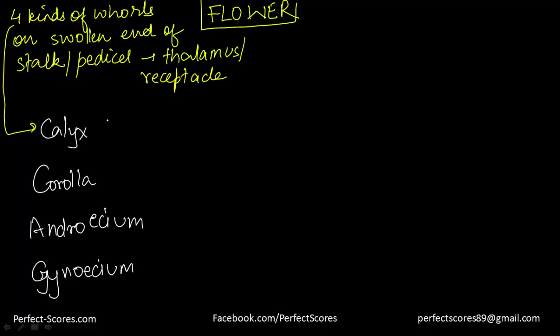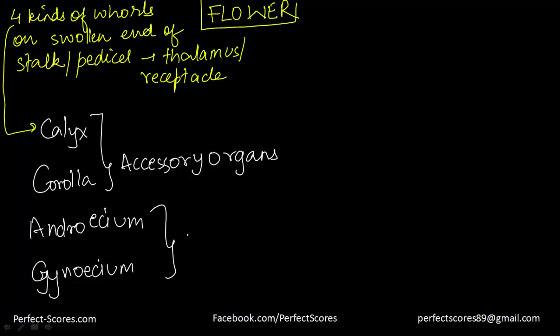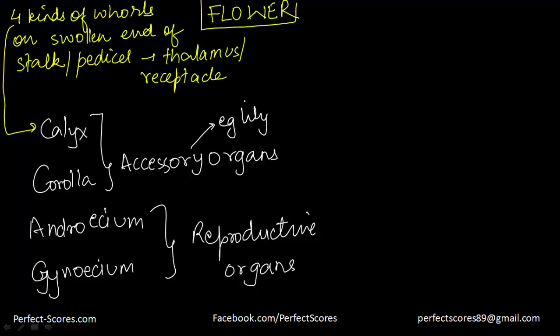Now the calyx and the corolla, these are accessory organs, while androecium and gynoecium are the reproductive organs. Now in flowers like the lily, the calyx and the corolla are not distinct. Both are similar and they are known as the perianth.